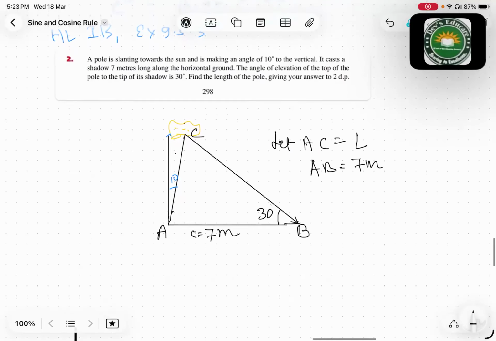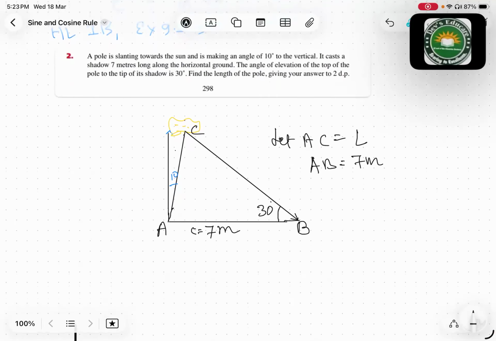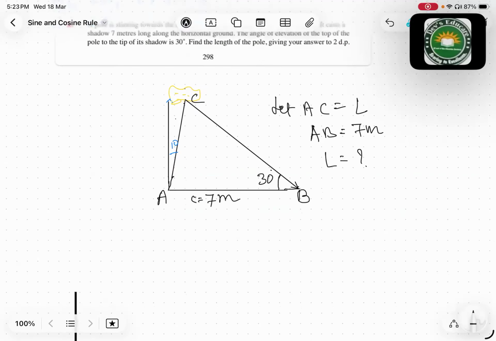The angle of elevation of the sun is 30 degrees, so this angle has been given as 30 degrees. We need to find the length of the pole, that is AC. We need to find L. So we can do that using the sine rule.